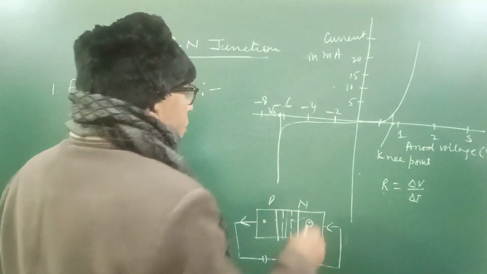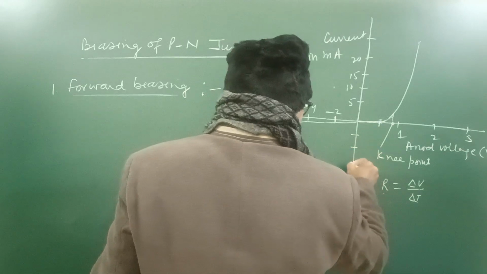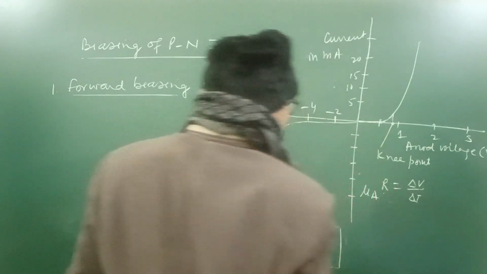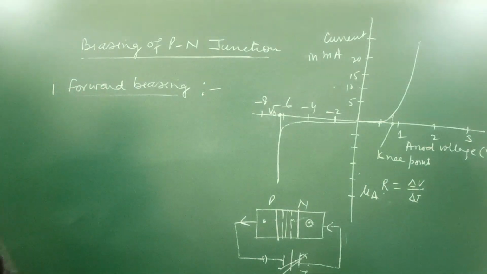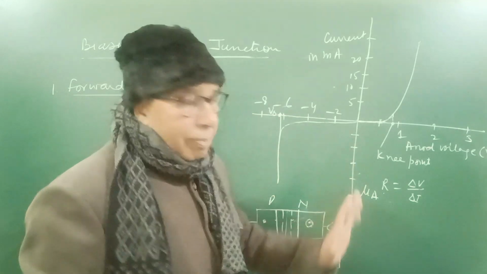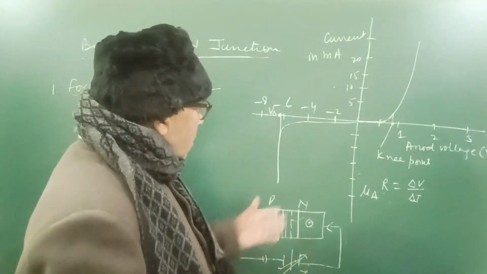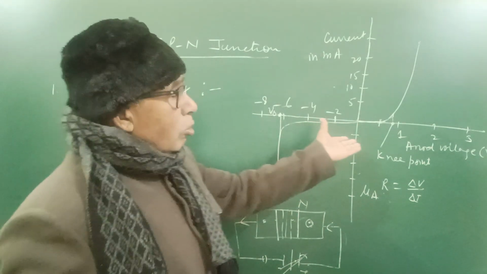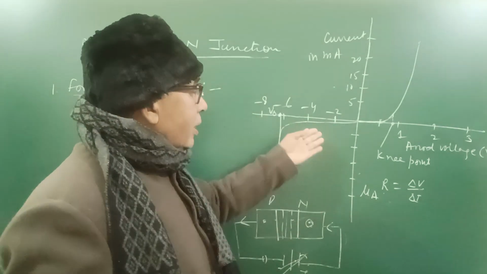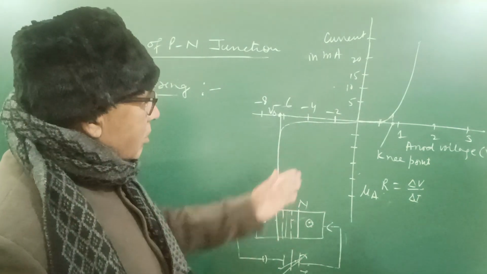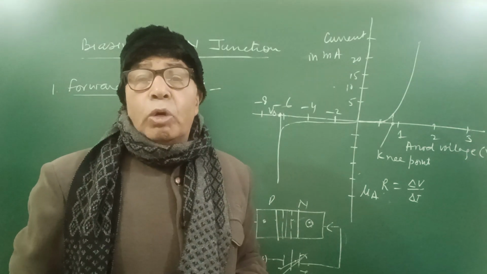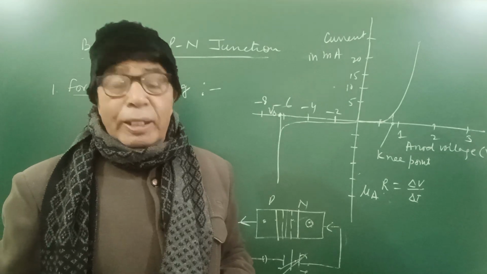After the breakdown voltage, the current becomes independent of voltage. But if the diode is within the breakdown voltage, the current is very small, almost negligible, and we say that in reverse bias it offers large resistance. The diode offers large resistance and almost no current flows in reverse bias.